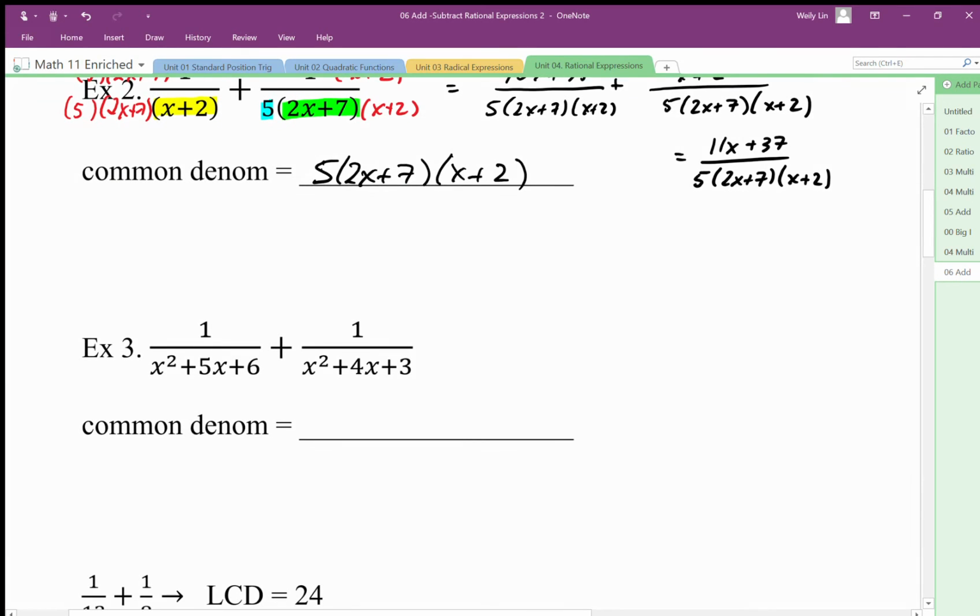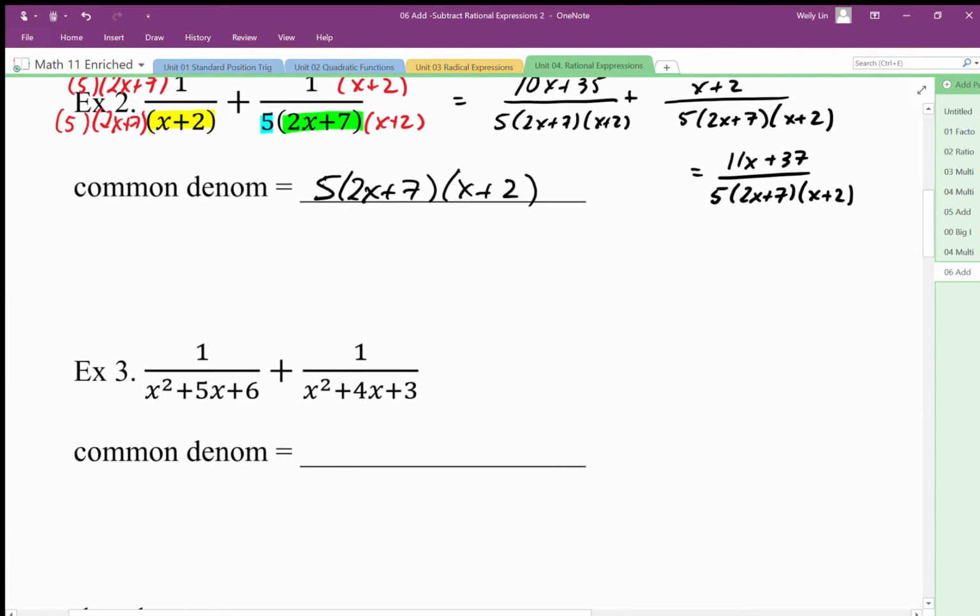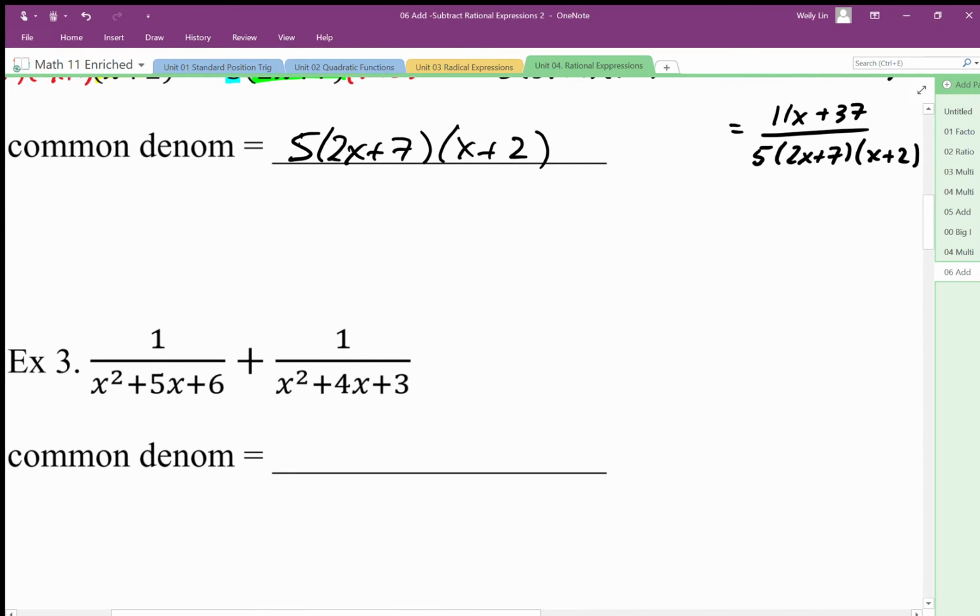So here, before we can find the lowest common denominator, we need to write this in its factored form so we can see all the multiplying pieces, because these being plus pieces, they don't tell us anything about the factors. So our first step is to factor the denominators. We're going to end up with x plus 2, x plus 3.